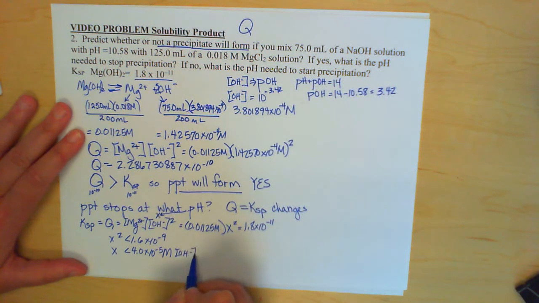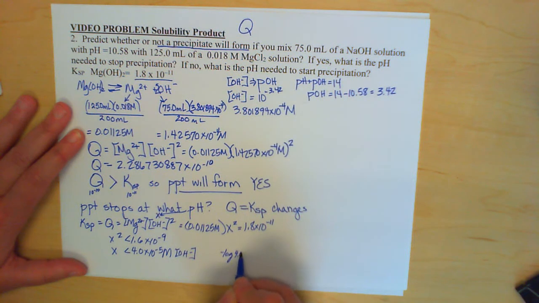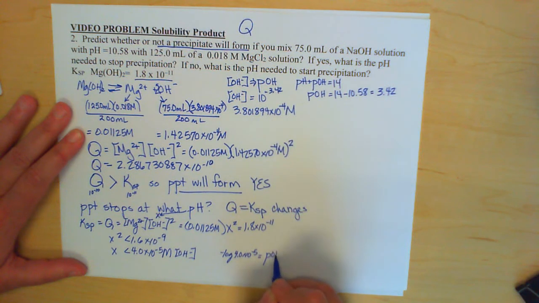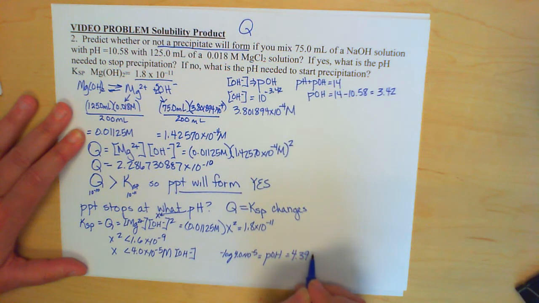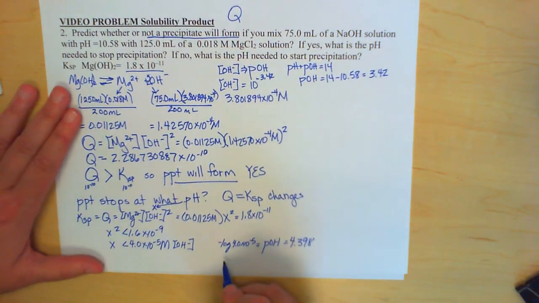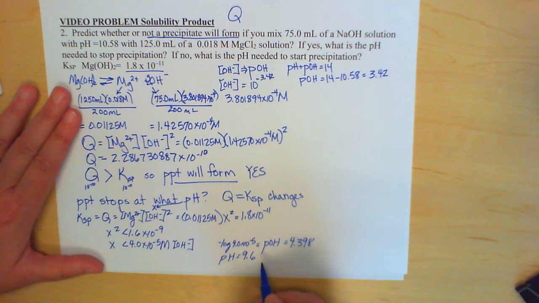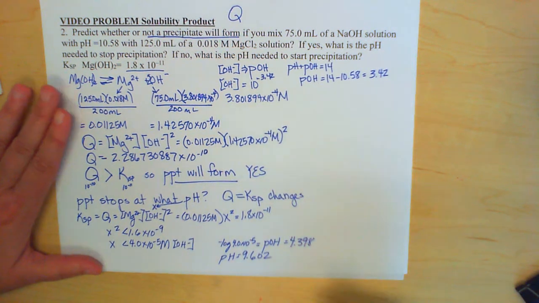hydroxide ion. Well, if we have that hydroxide ion, we take the negative log of 4.0 times 10 to the minus 5, which gives us a pOH equal to 4.398, which means my pH is equal to 9.602.